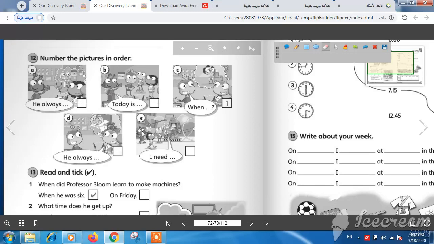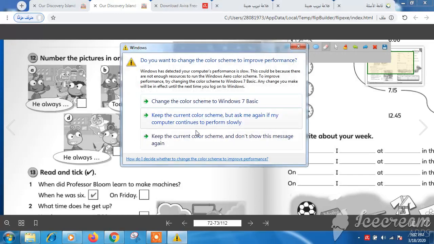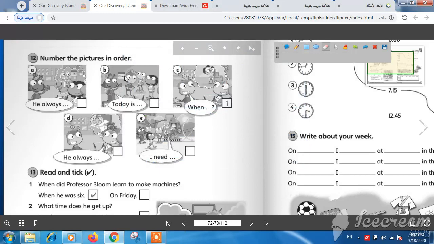Now let's go to number 4. Is it picture B or picture E? Look at this calendar here. You can find today is Friday. So this is gonna be number 4. And this, of course, is the last picture. If you follow the sequence of the incidents, you'll find this is the last one, when Professor Bloom said, I need only one more thing, then we can go back to Earth.